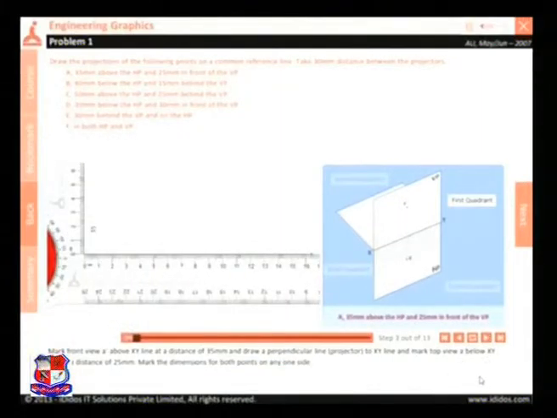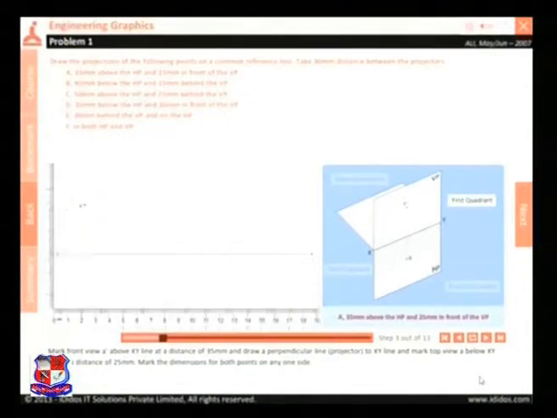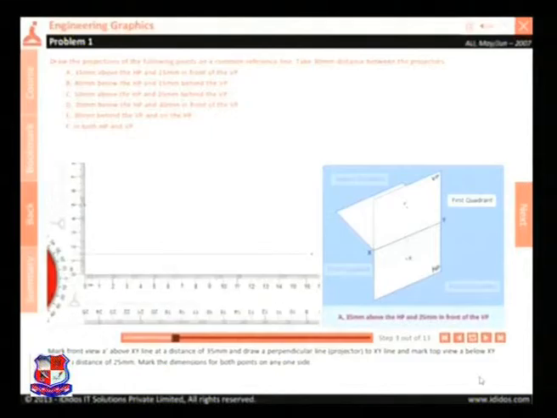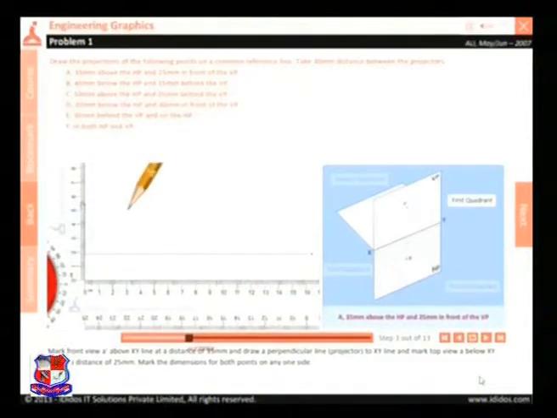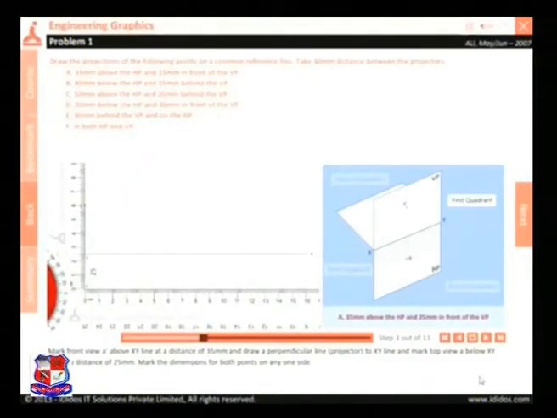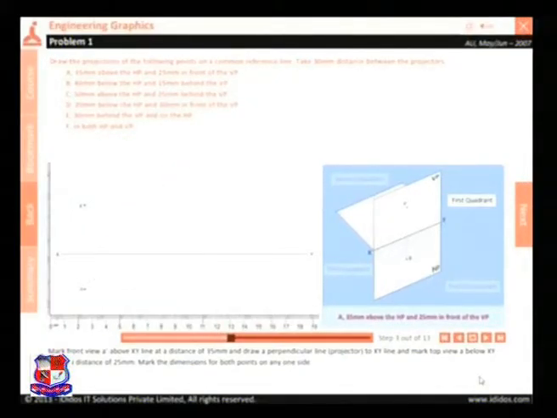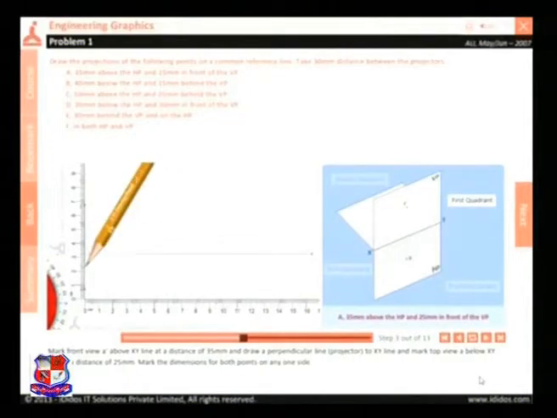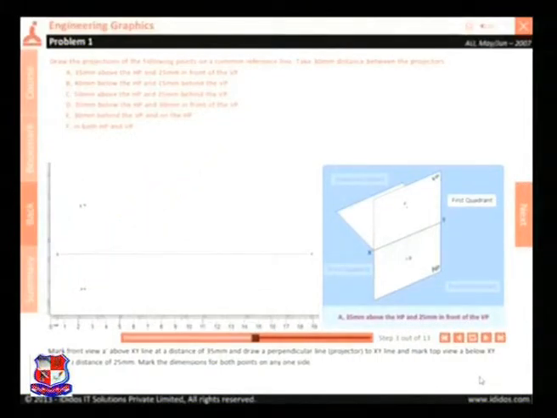Mark front view A' above the XY line at a distance of 35 mm and draw a perpendicular projector line to the XY line, and mark top view A below the XY line at a distance of 25 mm. Mark the dimensions for both points on any one side.